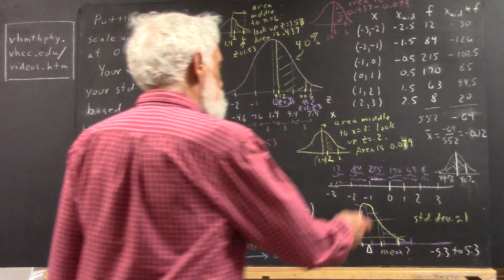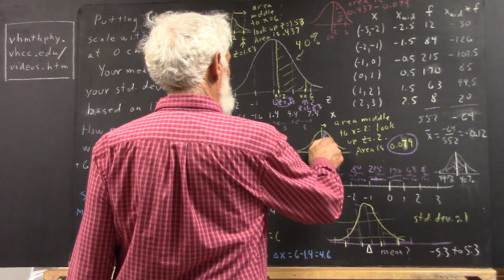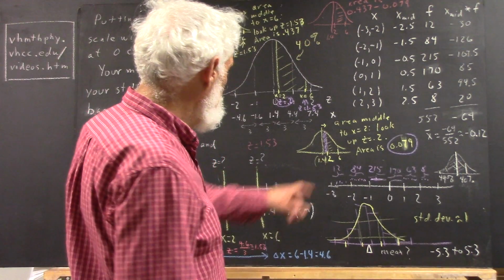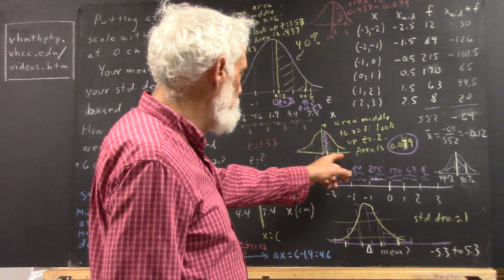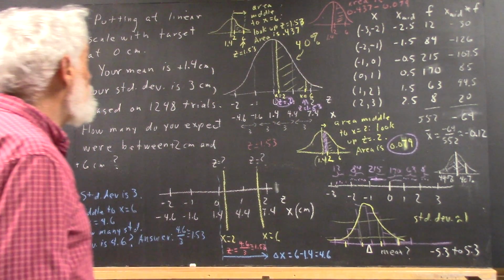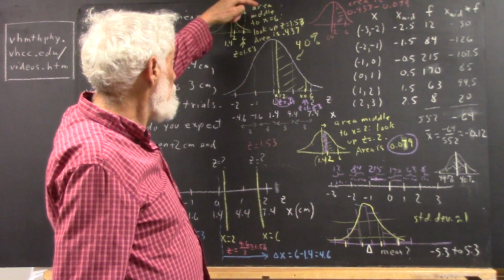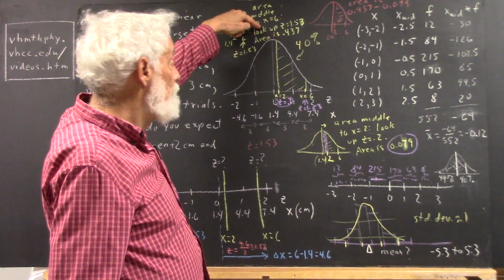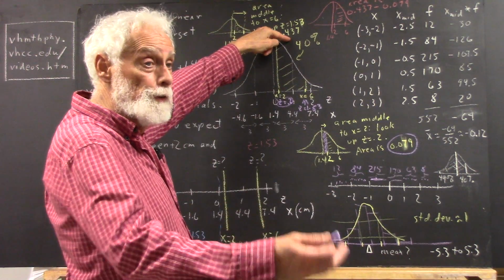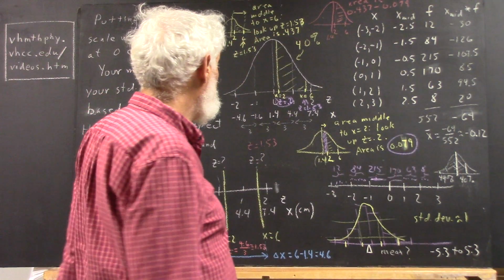Okay, now that would correspond to the area of this region. Now we want the area of the region shaded between x equals 2 and x equals 6. Okay, well, we can also look up the area from the middle to x equals 6. And we find that that's 0.437, meaning it's 43.7% of the total area, or 0.437 of the total area.